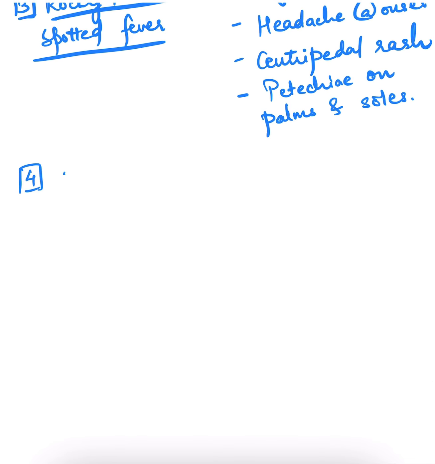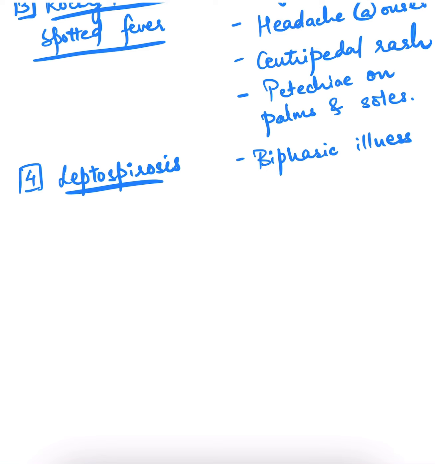The fourth I will be talking is leptospirosis. I'm so sorry for the disturbances. So leptospirosis, basically this is a biphasic illness. So there are two phases with asymptomatic days. Initially there are some asymptomatic days.